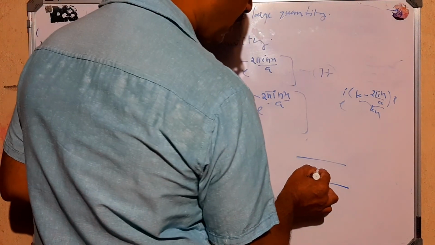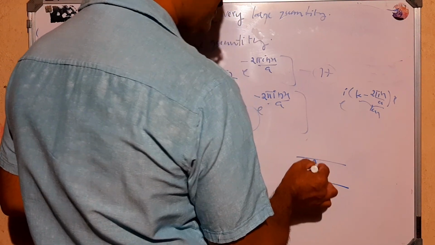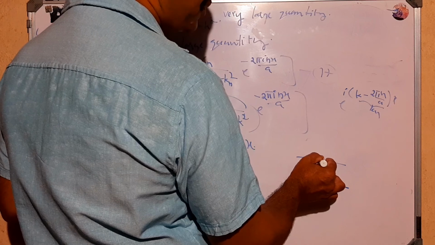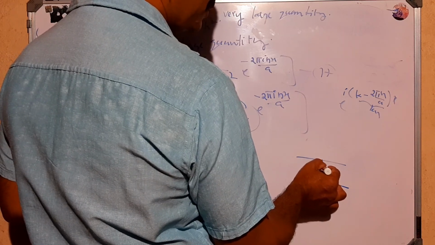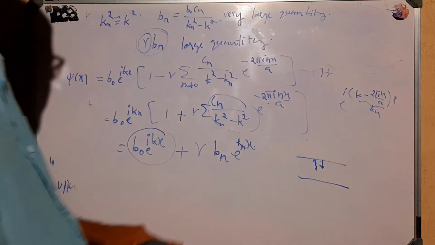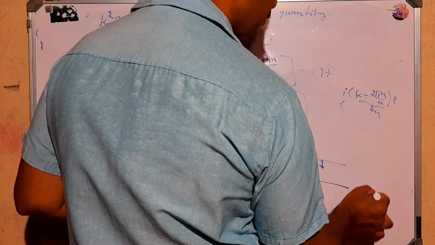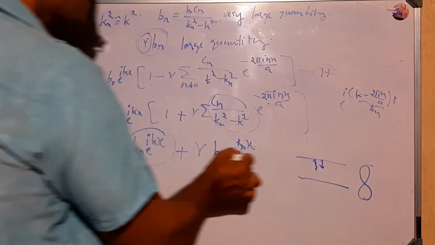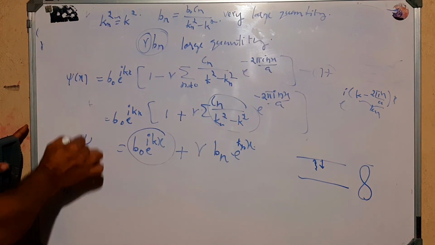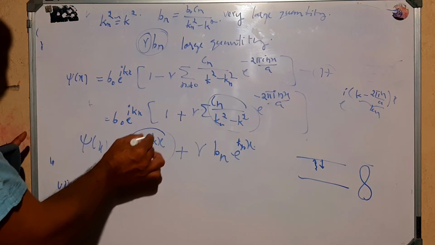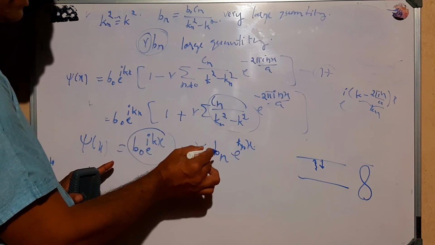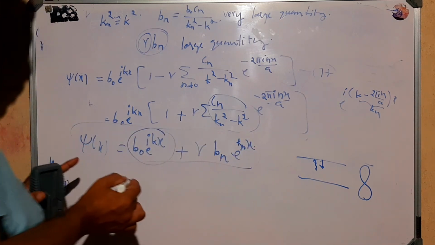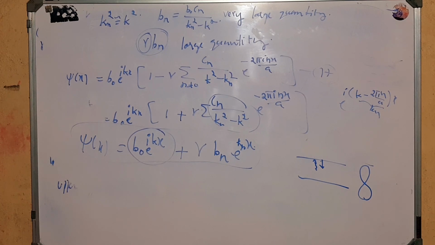That means one electron moves like this as a wave, and another electron has already moved and hits the upper edge or lower edge and bounces back, moving in the reverse direction. That forms a stationary wave. Therefore, xi of x is equal to b naught into e to the power ikx plus gamma into bn e to the power iknx. That represents the formation of a stationary wave inside the band.